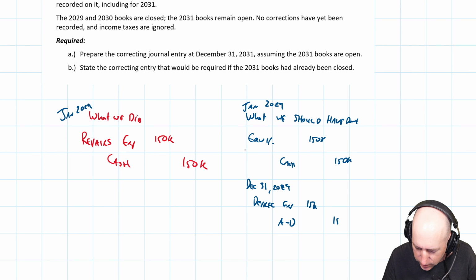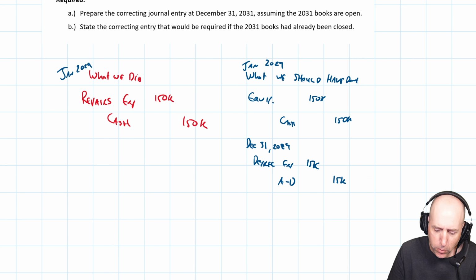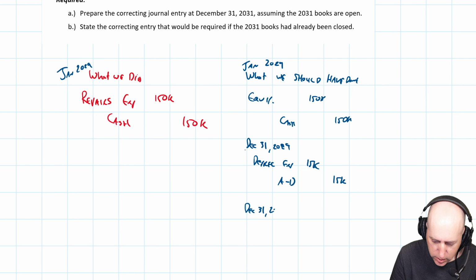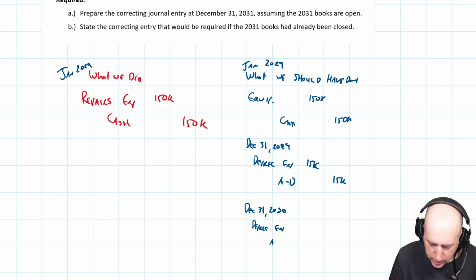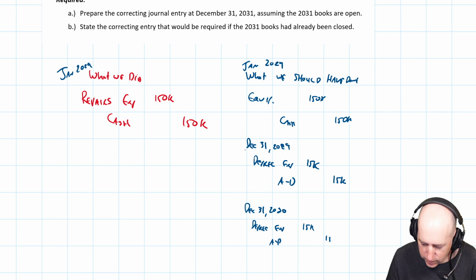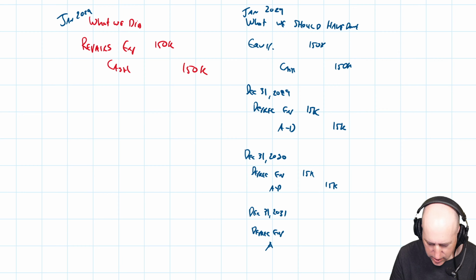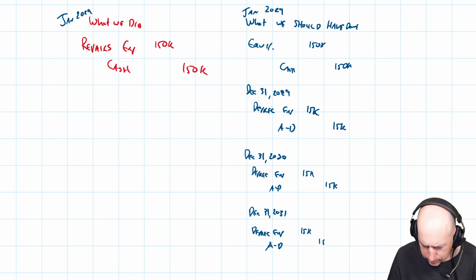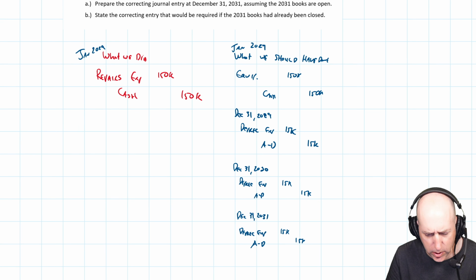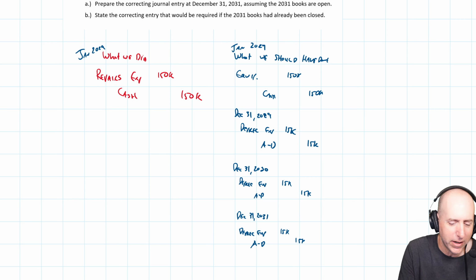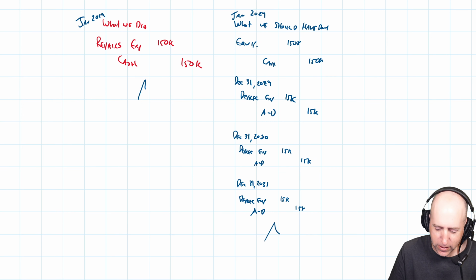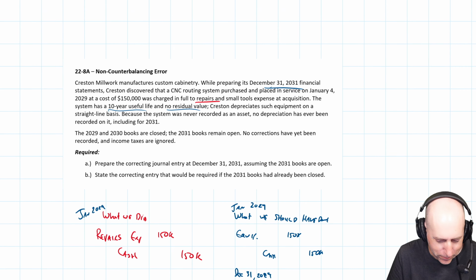So $15K, and we should have done that December 31st, 2030, debit depreciation expense, credit AD, $15K, and in fact, we're going to have to do it on December 31st, 2031, debit depreciation expense, credit AD for $15K. We haven't gotten to the required yet, but this is floating around in the back of my mind. Here's what we did. Here's what we should have done. Oh my goodness, we're pretty far apart, aren't we?